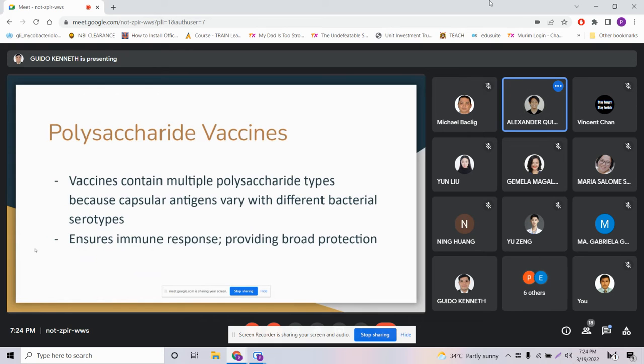And this is what we use in polysaccharide vaccines. So these vaccines contain multiple polysaccharide types because capsular antigens vary with different bacterial serotypes. And this will ensure that the immune response will provide a broad protection from the antigen or the pathogen, right?